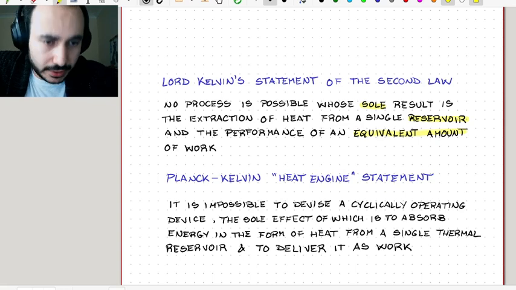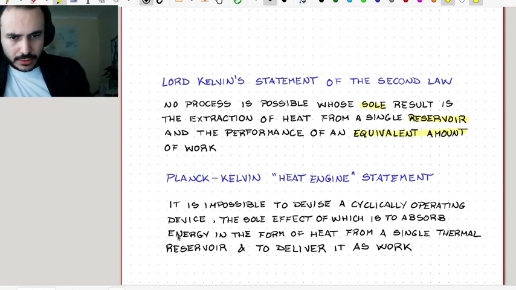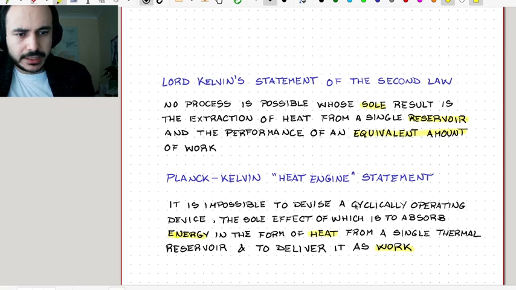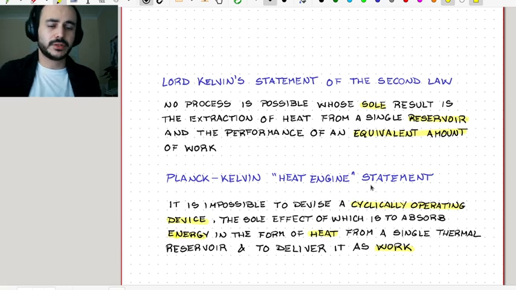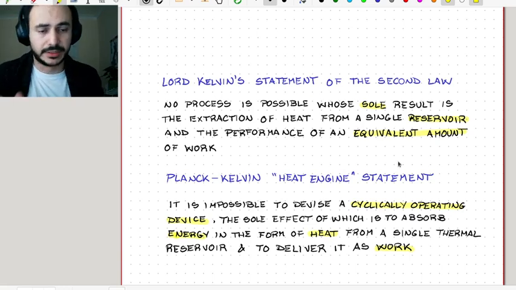So you see that this is slightly more modern because it uses the word energy, and it divides energy into forms, form of heat and form of work. And then it makes it very clear that you are talking about a cyclically operating device. So you're talking about a process where the system starts and ends in the same state.